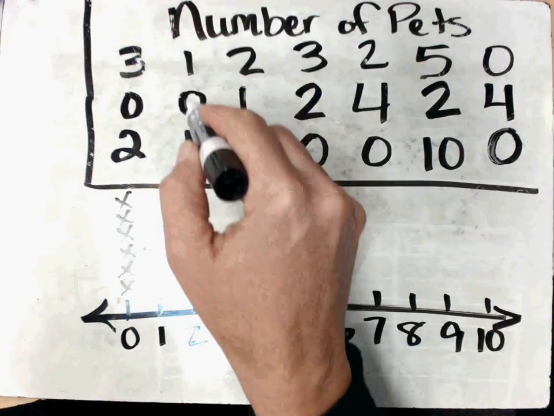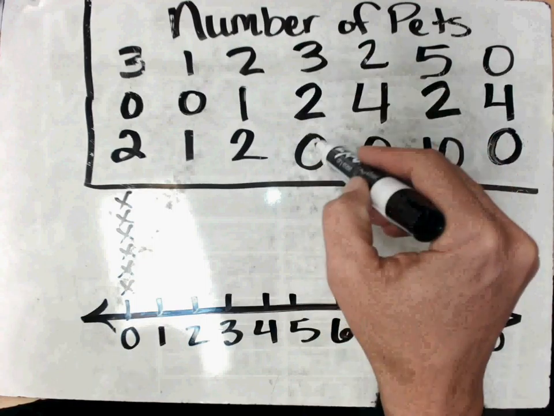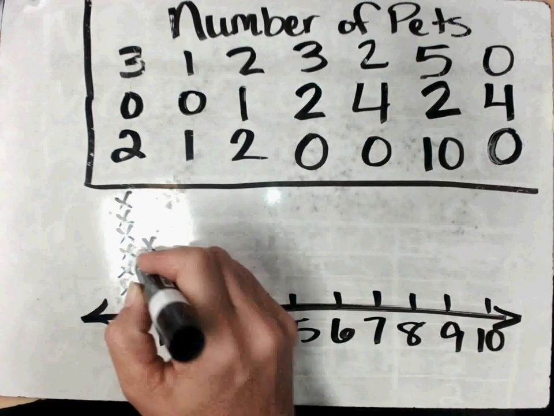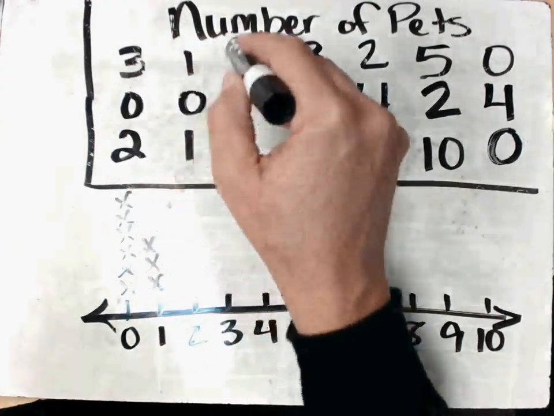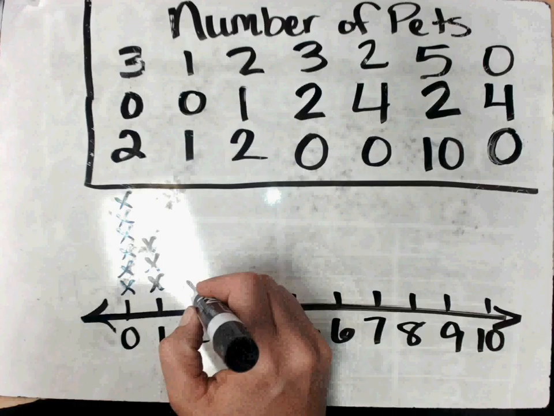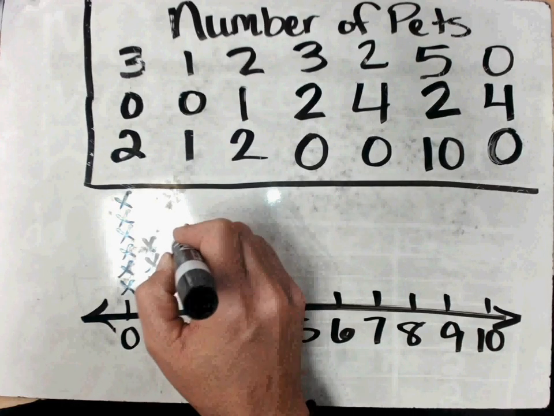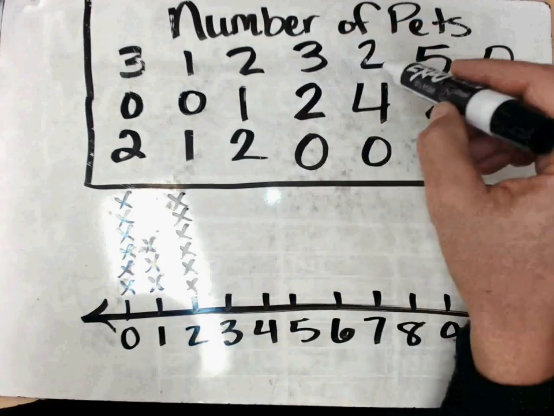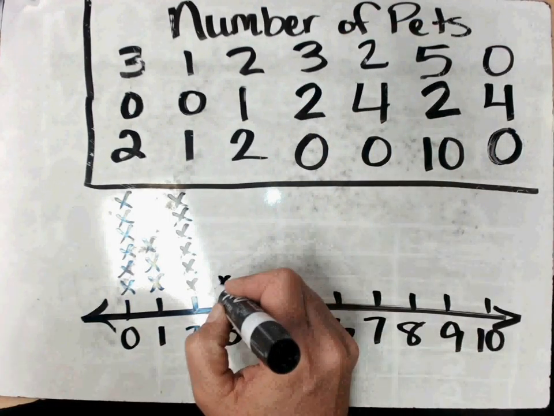And let's see, there's 1, 2, 3 ones. Twos, we have 1, 2, 3, 4, 5, 6 twos. Threes, we have 1, 2, looks like 2 threes.